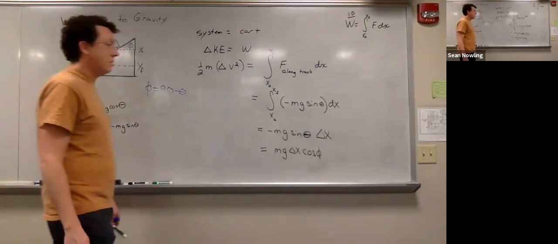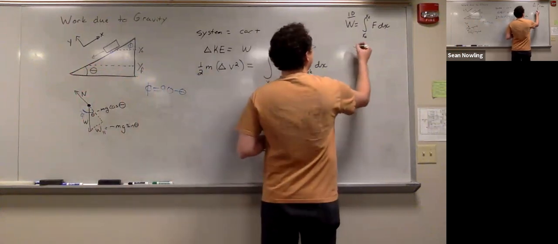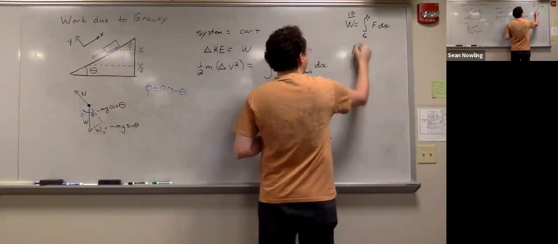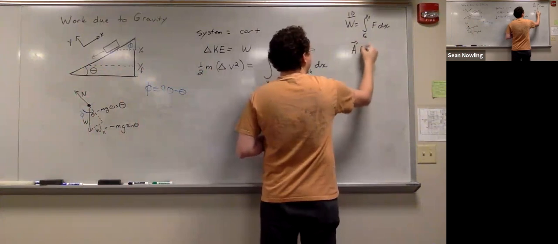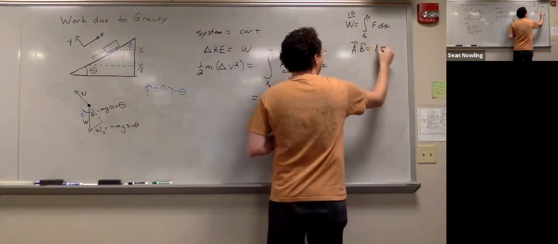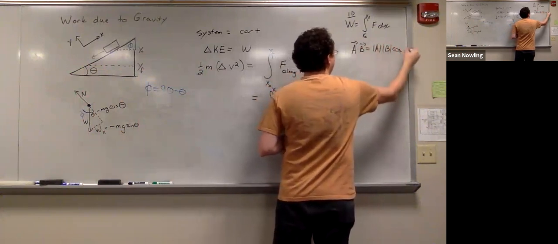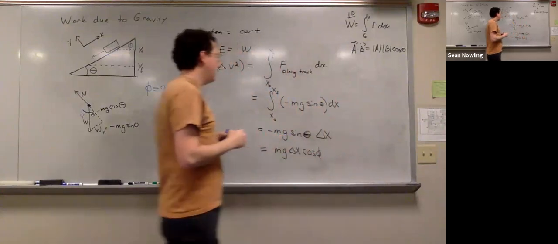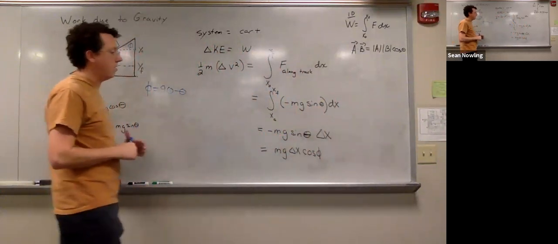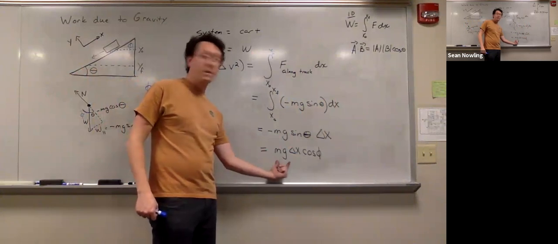Where else have we seen a cosine? It's in the formula for a dot product. So remember, A dot B equals A magnitude B magnitude cosine of the angle between them. In this case, mg is the magnitude of the gravitational force, the weight.